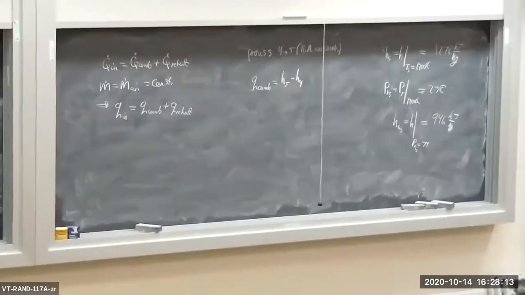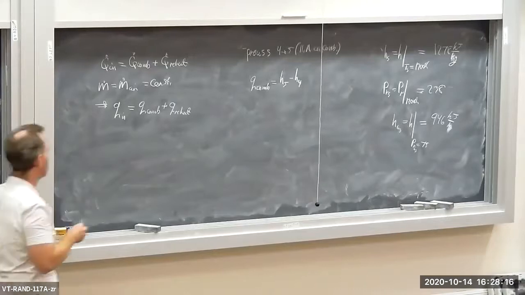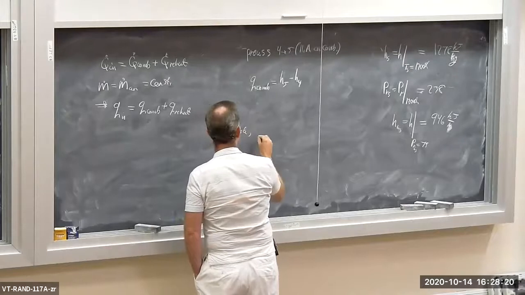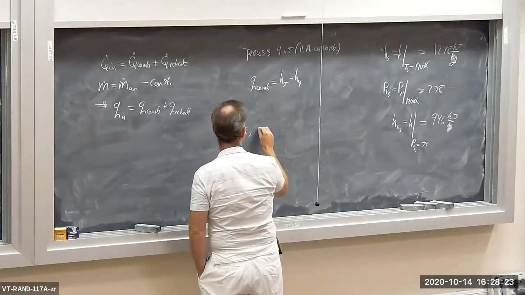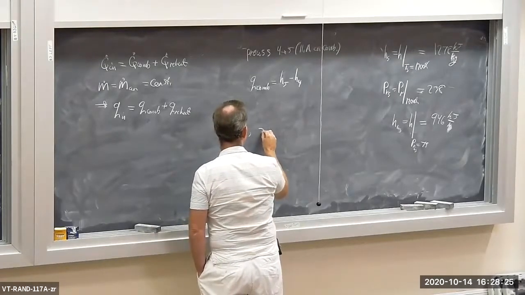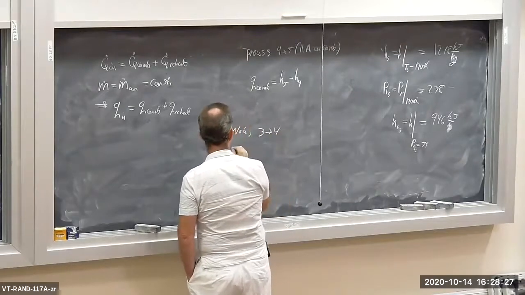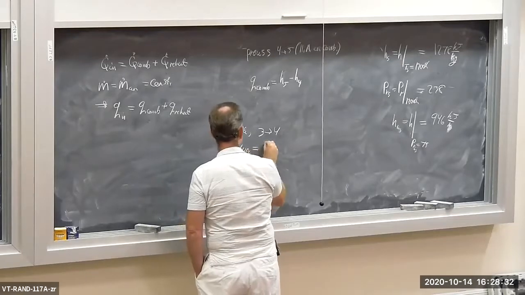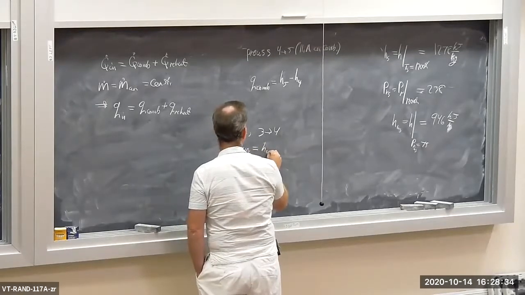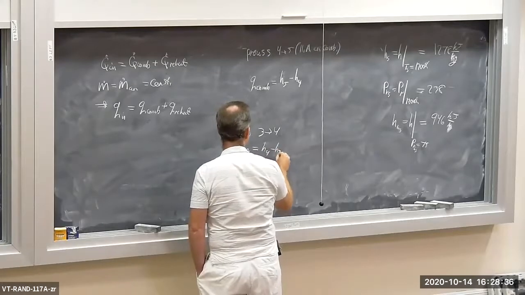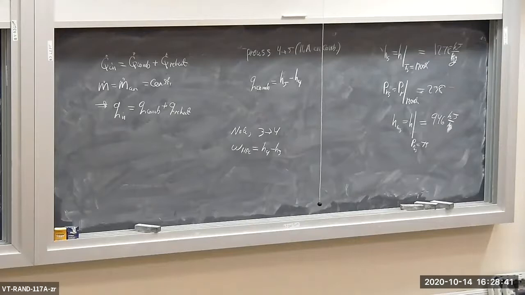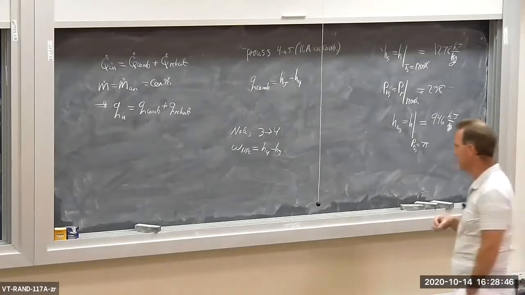So note, we look at process 3 to 4. We have W high pressure compressor is equal to H4 minus H3. And this is from the energy balance. No change in kinetic or potential energy, steady state, no heat interaction. Okay?